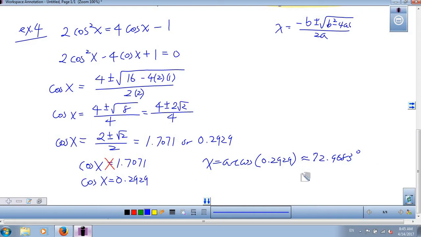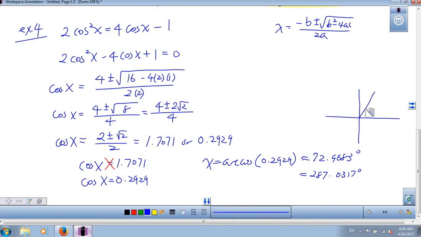In the fourth quadrant, the angle will be 360 degrees minus this angle. That will give me about 287.0316 degrees. Let me draw a quick diagram to show you why I have 72 and 287.